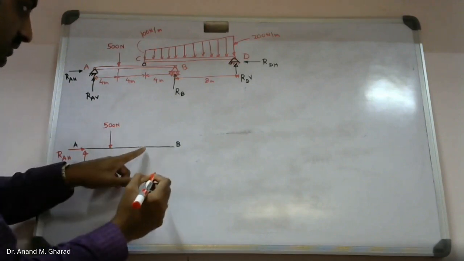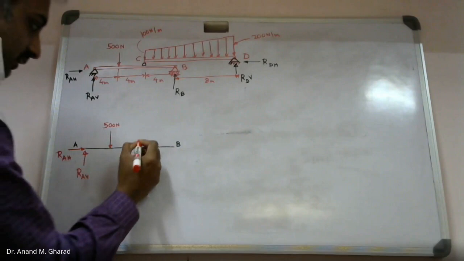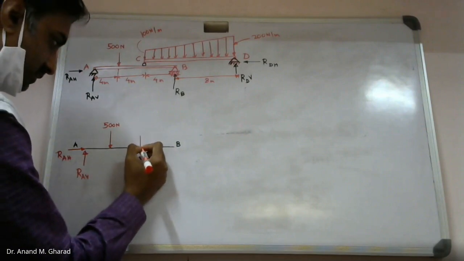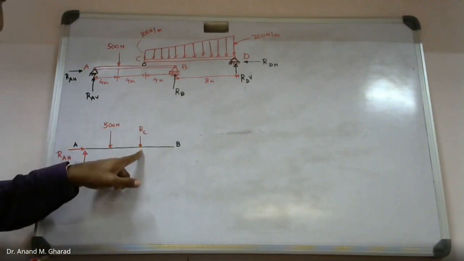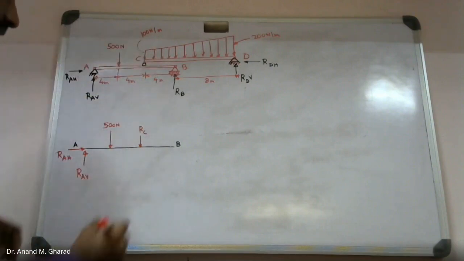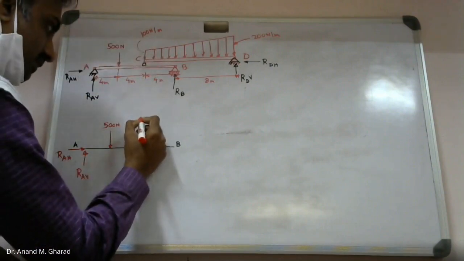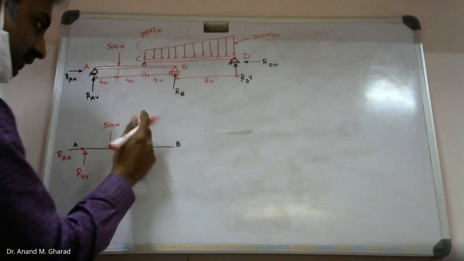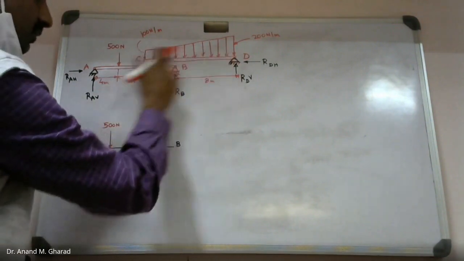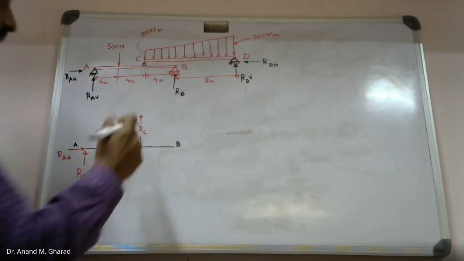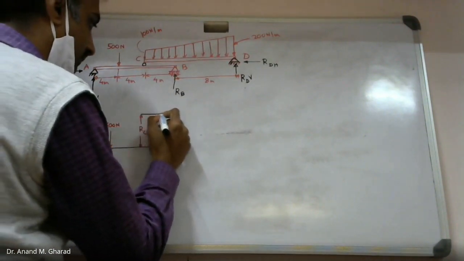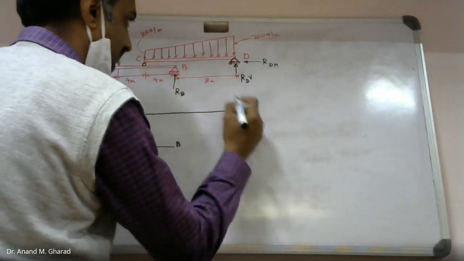Then at point C, as we have already discussed earlier, you will expect the reaction RC to be developed in this manner on beam AB, whereas an equal and opposite reaction force will be generated on member or beam CD. Member CD will be something of this sort.